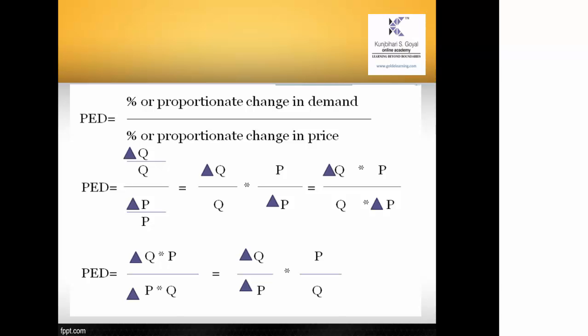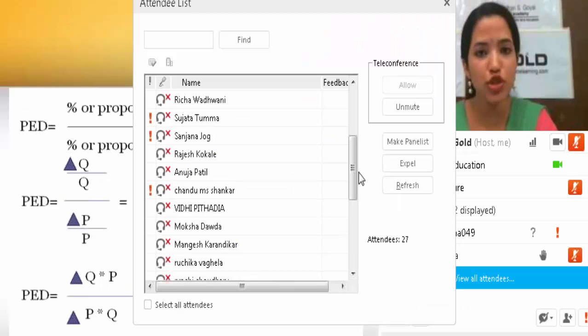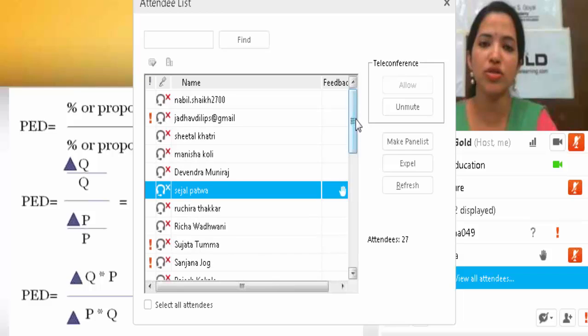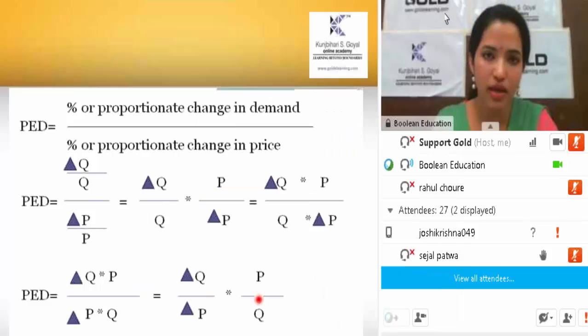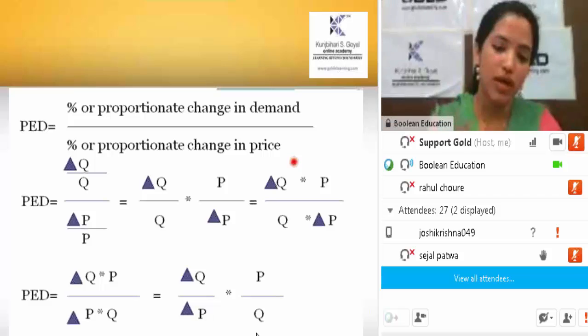And finally हम वापस उसको अलग अलग से लिख रहे हैं. That is delta Q by delta P into P by Q. This is your final formula for elasticity, price elasticity of demand. Correct? So see, what does this formula mean? Change in quantity by change in price into original price by original quantity. Correct? Okay. Let's go ahead.